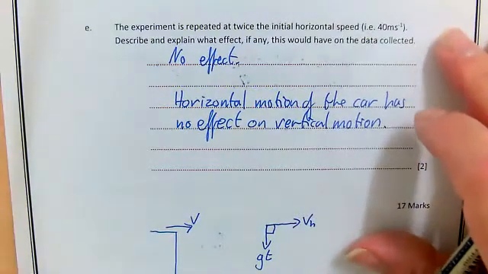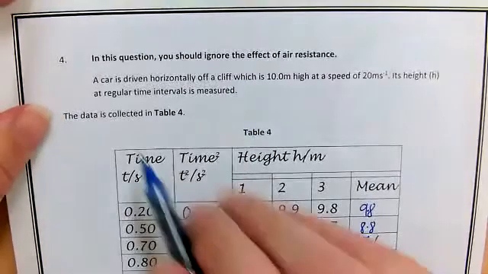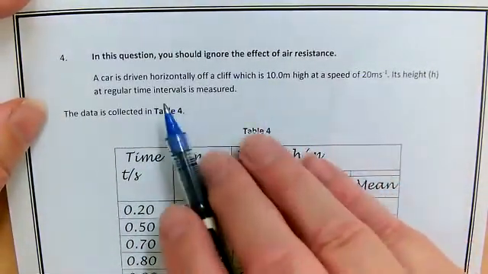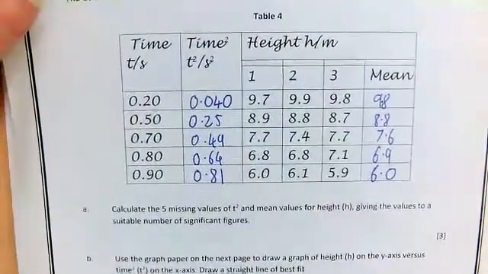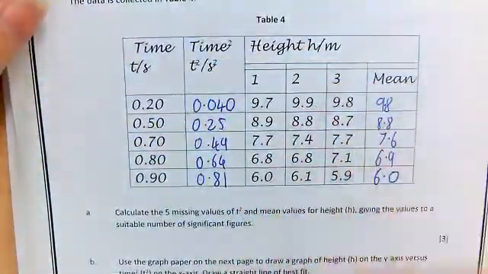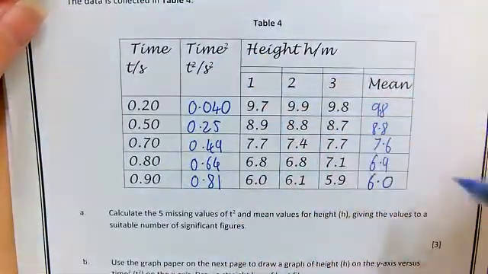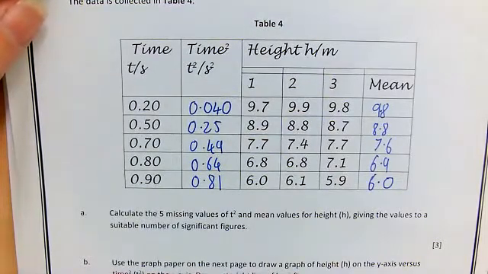The reason being, if you look at the data carefully, the car is driven off a cliff which is 10 meters high, so that's not changed, and its height at regular time intervals is measured. So it's nothing to do with its range. It's just the height of the car. So although the car was moving at 20 meters per second, these values would be exactly the same if the car was just dropped. Does that make sense?